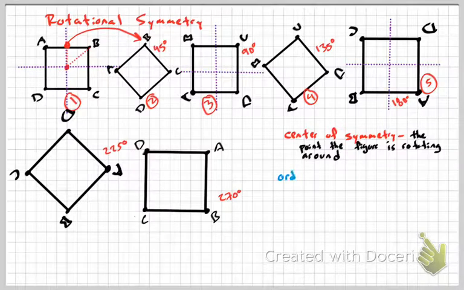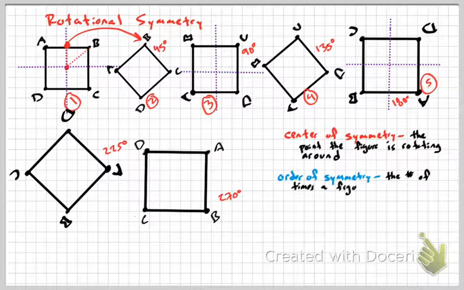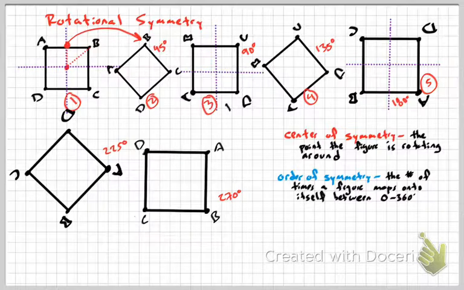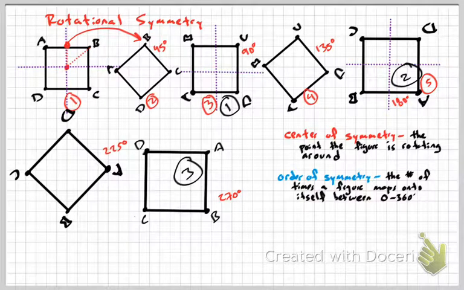Now here's a new term, the order of symmetry. The order of symmetry is the number of times a figure maps onto itself between 0 and 360. So you have 1, 2, 3, and then by the time we get back to 360, that would be 4.